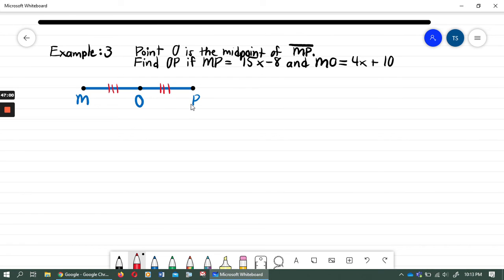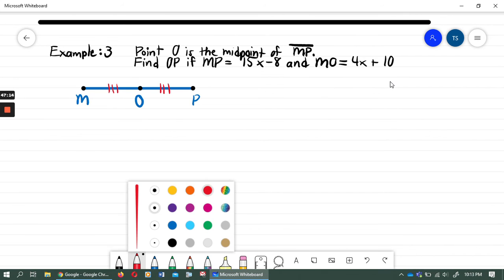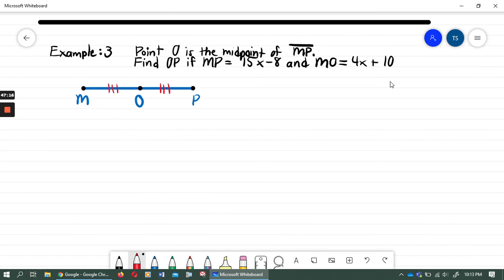They tell us to find the length of segment OP if MP equals 15x minus 8 and MO equals 4x plus 10. So they give us some variable expressions here, and we should be able to work with that.